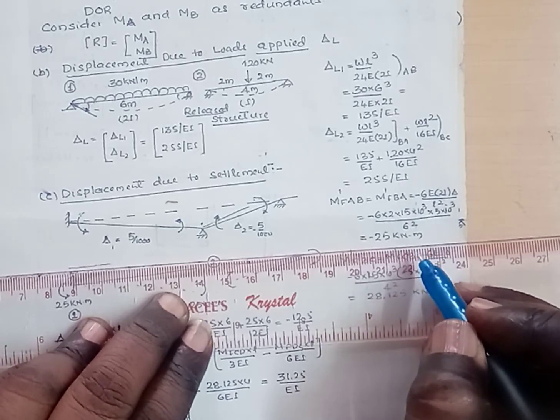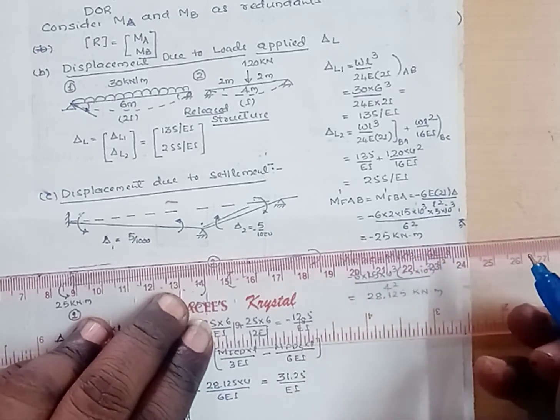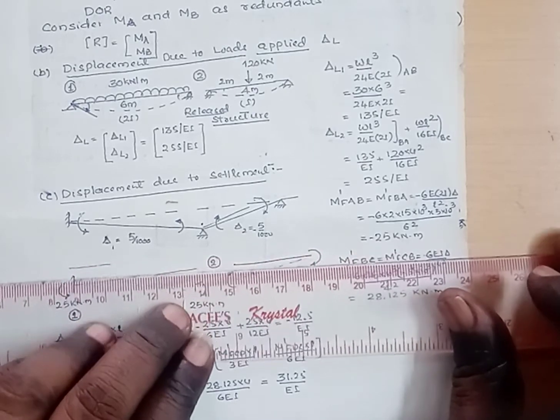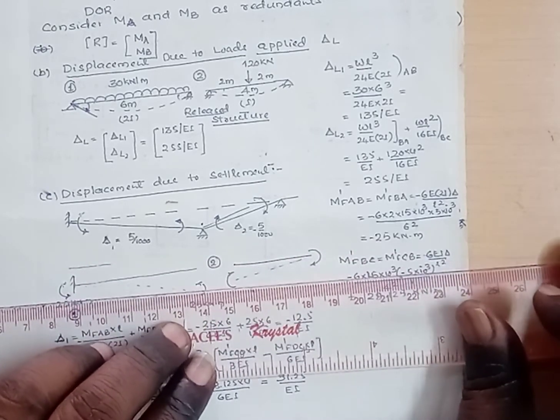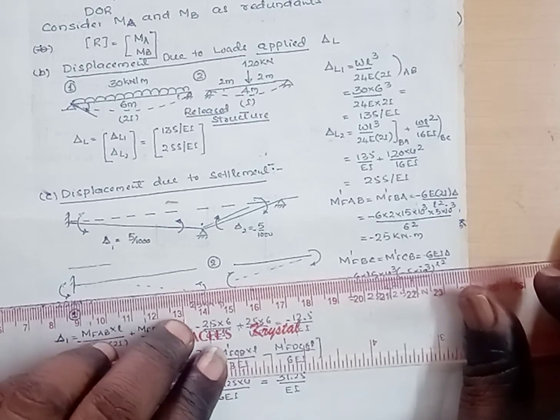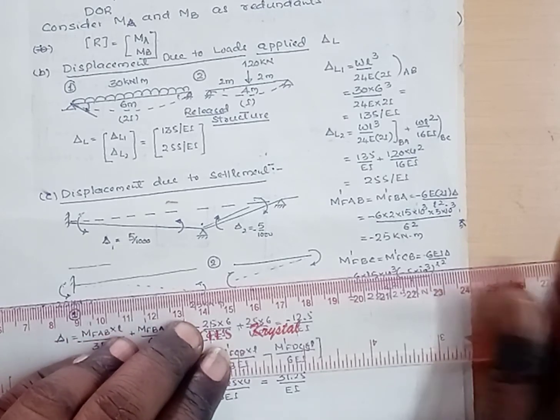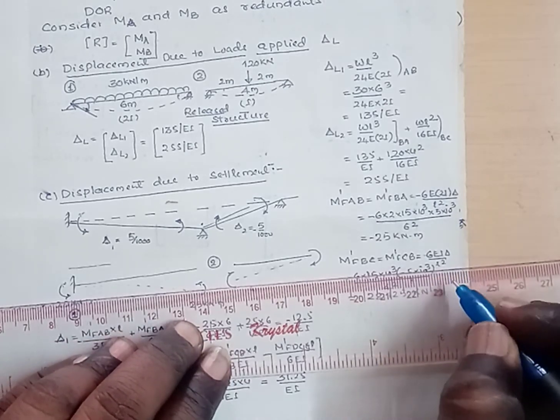This is the additional fixed end moment due to the sinking of the support. Similarly, for BC, M dash FBC equals M dash FCB, that is minus 6 EI delta by L square.